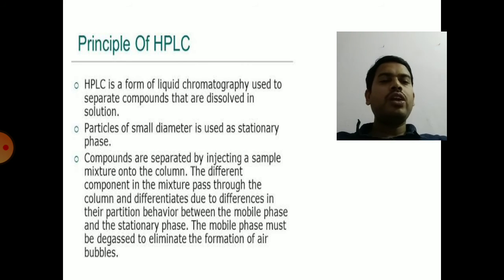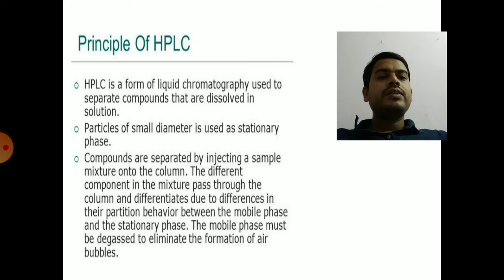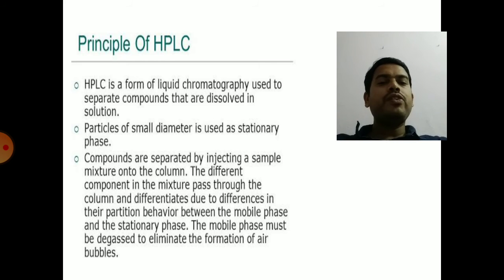For example, in molecular exclusion chromatography, you elute the solute particles by using more buffer or changing the pH or concentration of the buffer, and the retention time will be more. Here in high performance liquid chromatography, we use some pressure such that the solute particles will be eluted faster from the column.